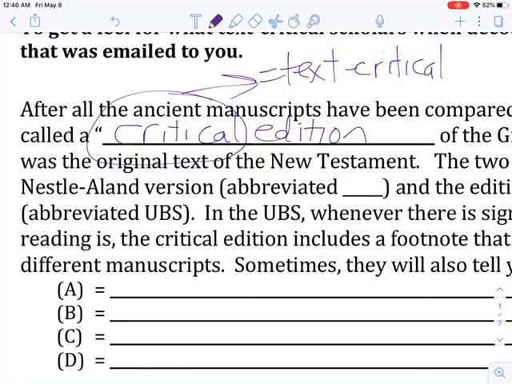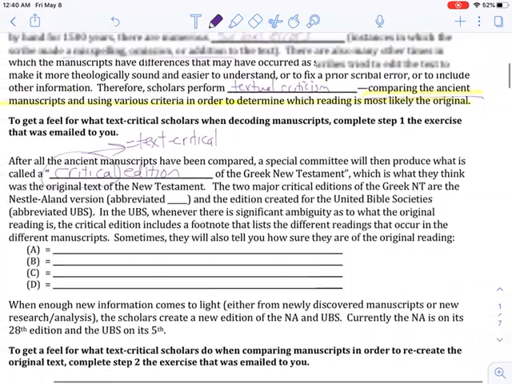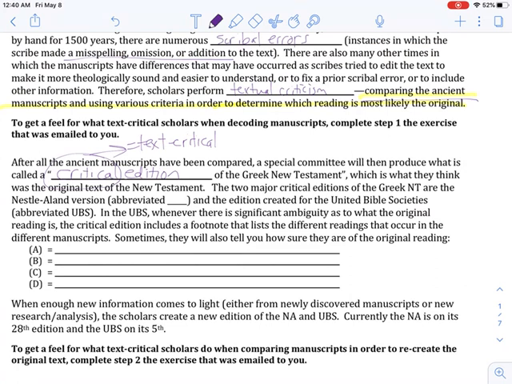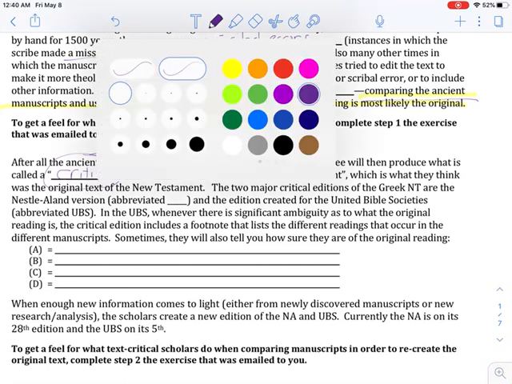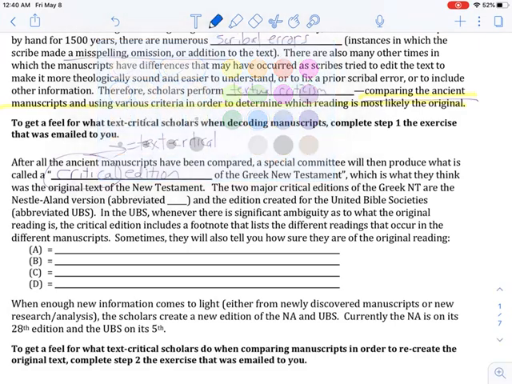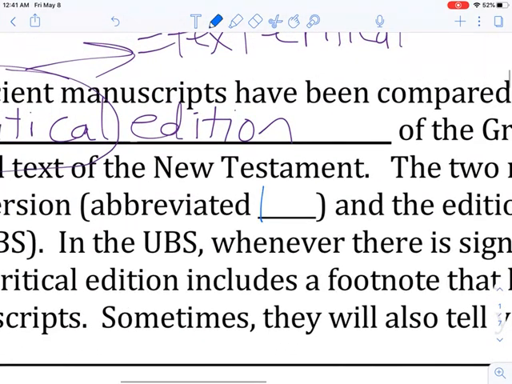And there are two main text-critical New Testaments that are the basis of all translations of the Bible. One version is called the Nestle-Aland version. I'm going to change to a lighter color. And that's abbreviated NA.